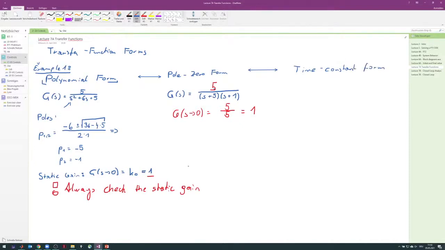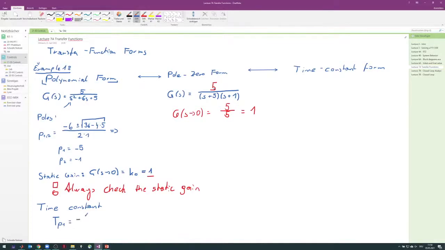Now I'm going to introduce another form, which is the so-called time constant form. So instead of poles and zeros, we are using time constants. Let's compute the time constants of this function. The time constants T are basically just the negative inverse of our poles, right?